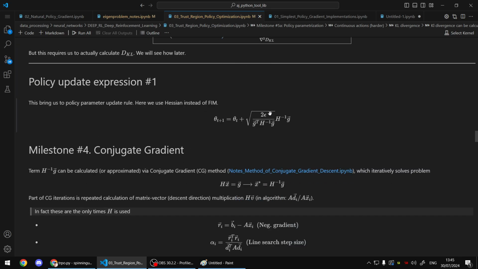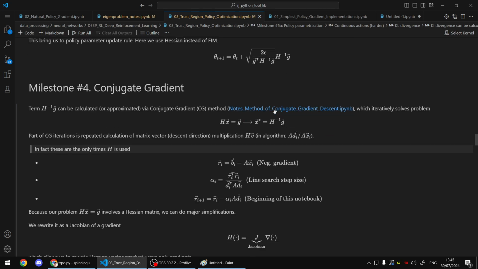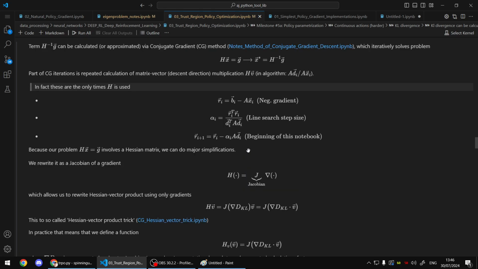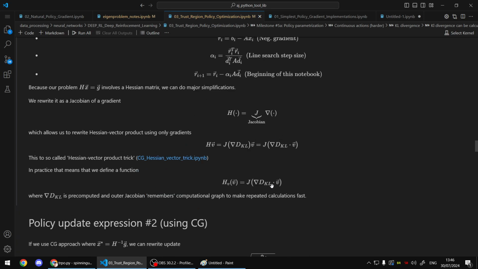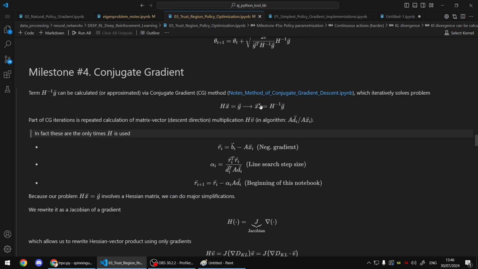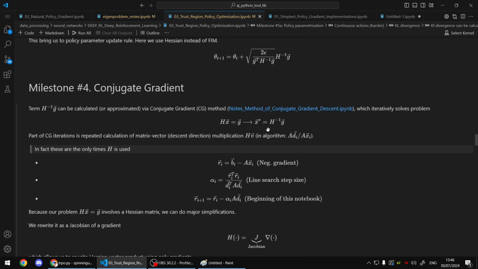Our old policy and NPG policy update, we've discussed that using properties of the Hessian, specifically that we can write it as the Jacobian of the gradient, we can simplify the conjugate gradient method, which produces the result of this H inverse G using very few iterations.